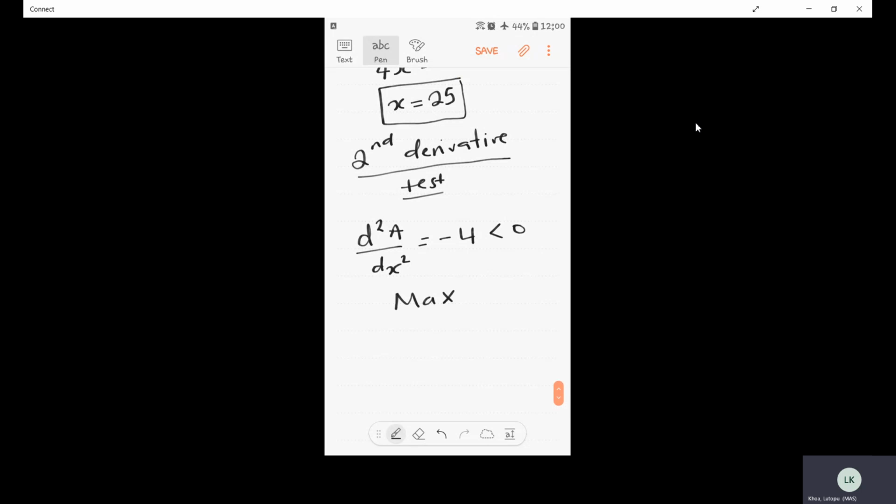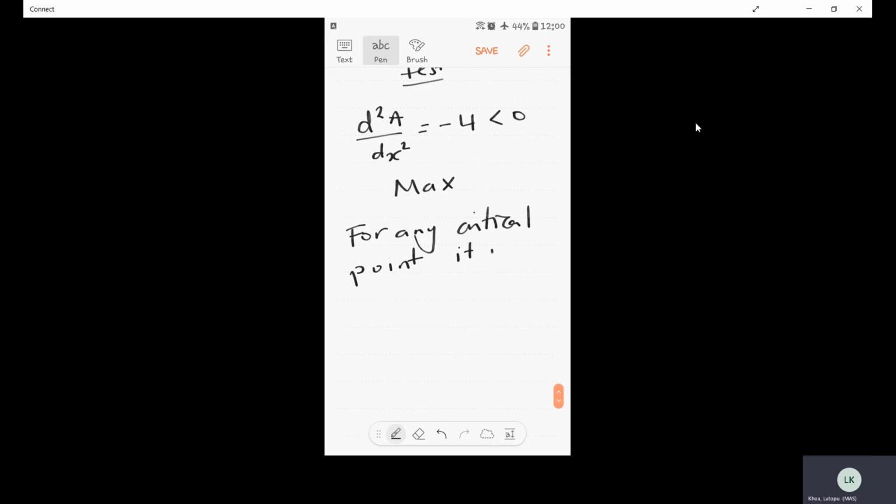So the second derivative gives me negative 4, doesn't matter what the critical point. So for any critical point, it is a maximum. Okay, so any critical point we work out will be a maximum because the second derivative gives us a negative.